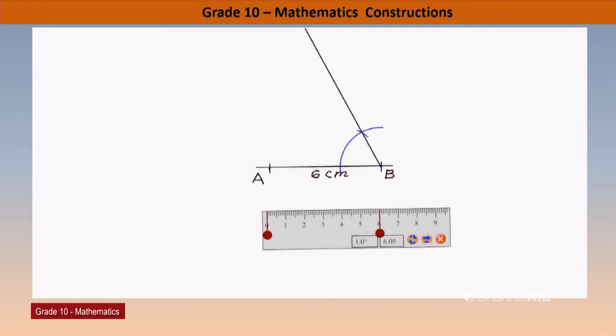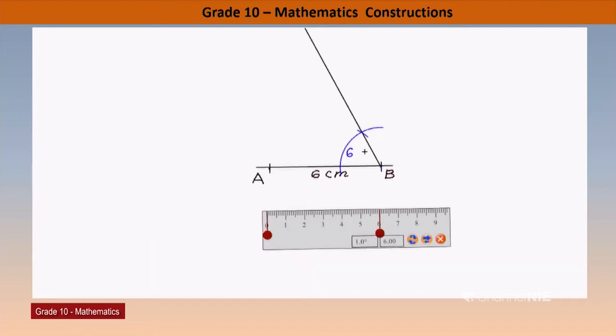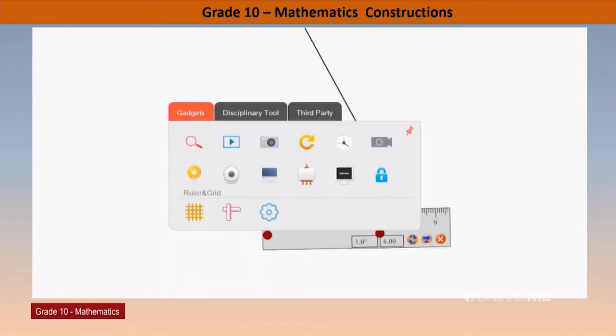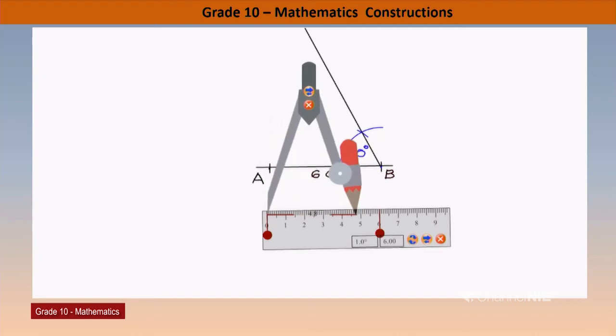Next, we want to find the point C. So, this angle is 60 degrees because angle ABC is 60. Now, we want to find the point C. Let us use the pair of compasses and measure 5 centimeters, just as earlier we did.